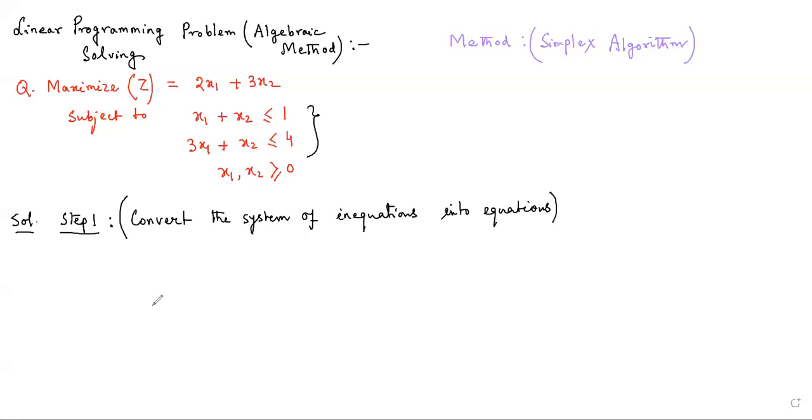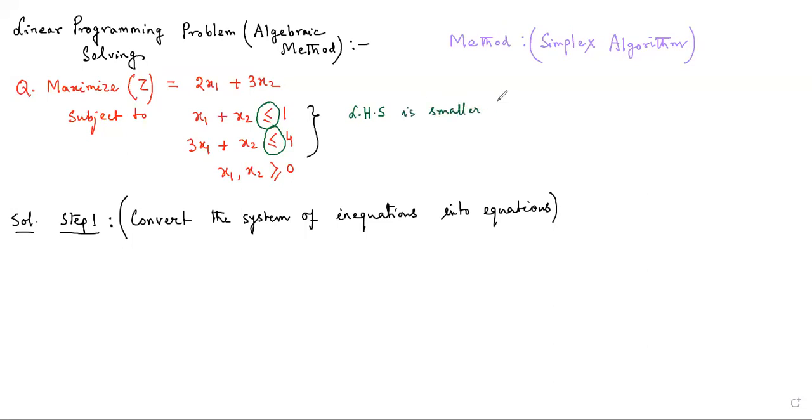In this particular problem, both of the inequalities are less than or equal to type. That means in both the inequations, your left hand side is smaller than your right hand side.